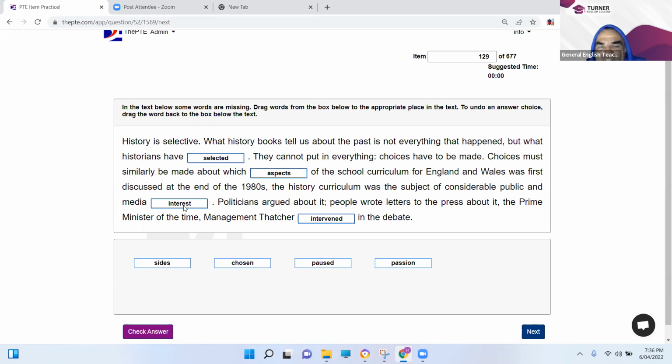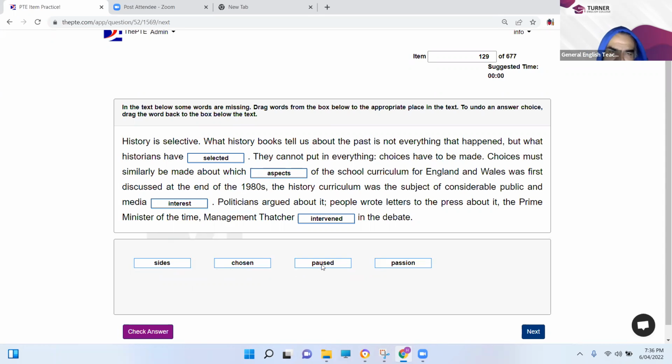So always find the distractor, and between the distractors you choose one. Here this is plural, and the only distractor is sides. So here, whatever it is, it should be plural. Here it should be singular, because we don't have another singular one.